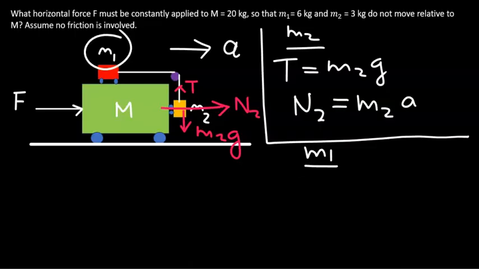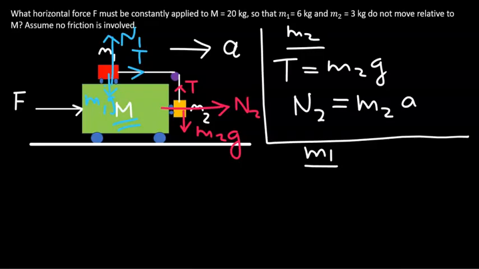Next, let's look at the free body diagram of mass M1. That's that mass. The first force that is acting directly on M1 is its own weight. Let's call that M1G. And then there is the tension in the string that connects M1 through the pulley to M2, and that is T. Since this is the same string, this T must be the same as that T. The third force on M1 is the normal force from capital M. Let's call that N1.